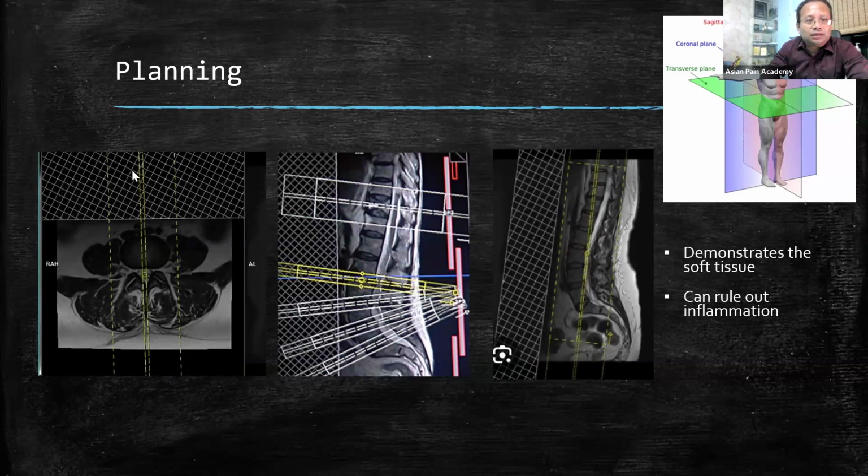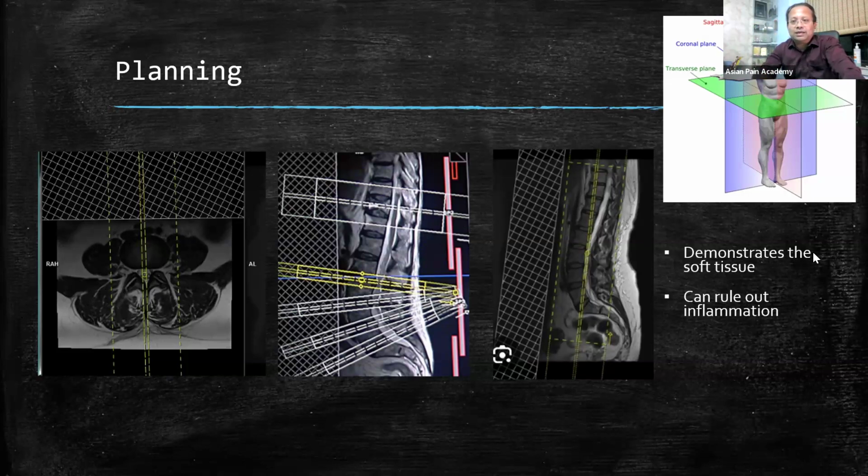Planning is done in sagittal, axial and coronal sections. Only then can you say which area you are seeing. Otherwise, we are bilaterally symmetrical human beings, so a right picture or left picture taken in the same area will give the same picture.